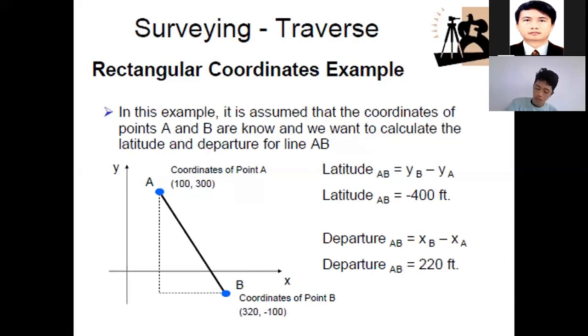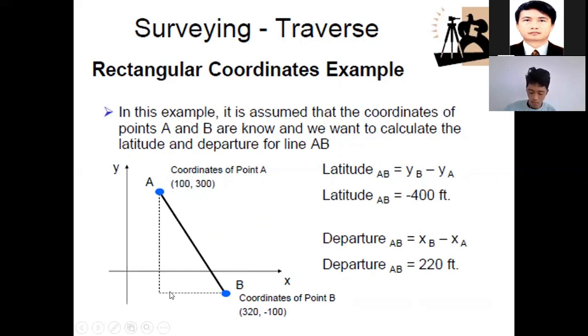So another example. This time, given the coordinates of the two points A and B, we need to determine the latitude and departure. Latitude is along the north-south direction.